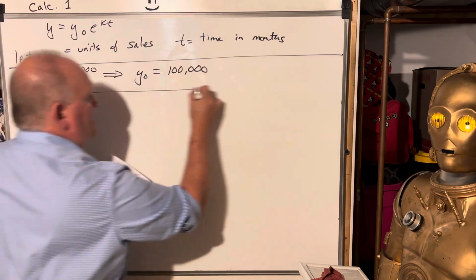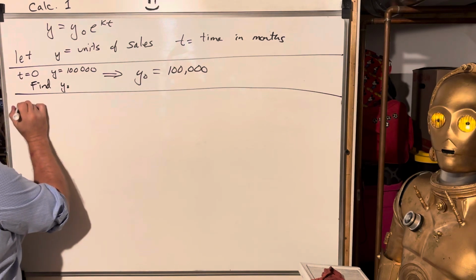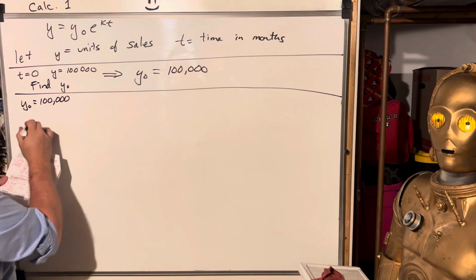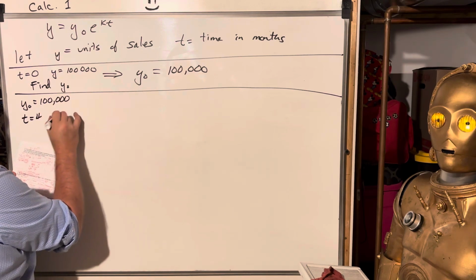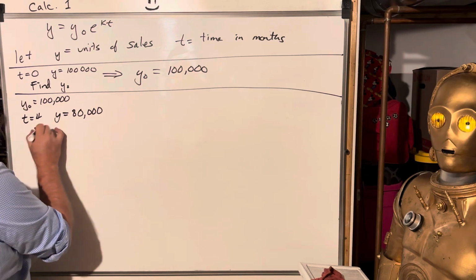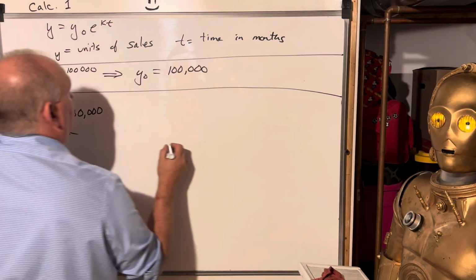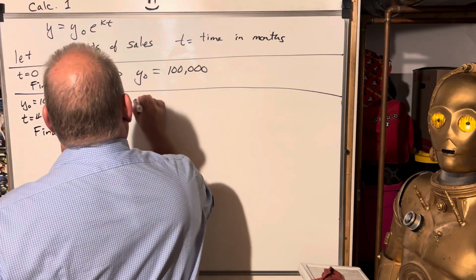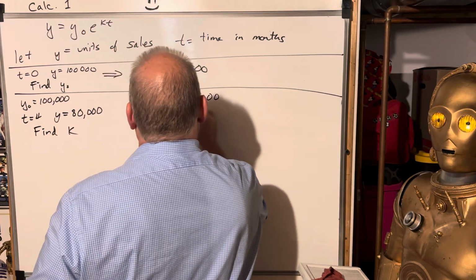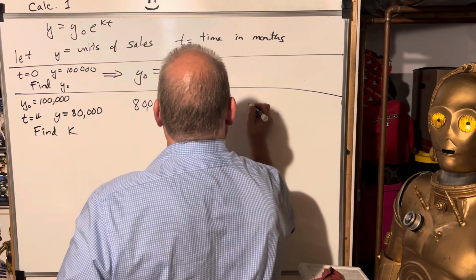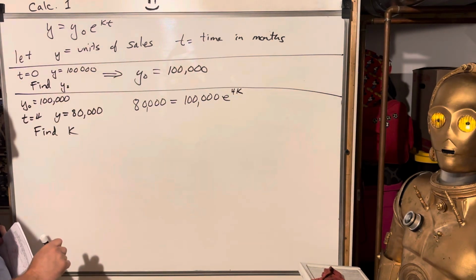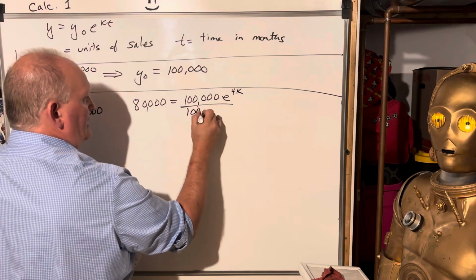All right. So we got that. Now, let's take that information. So we know y naught is 100,000, and we know when t equals 4, y is equal to 80,000. And let's put all that in and find k. So we're going to take 80,000 is equal to 100,000 e to the 4k. Divide by 100,000.